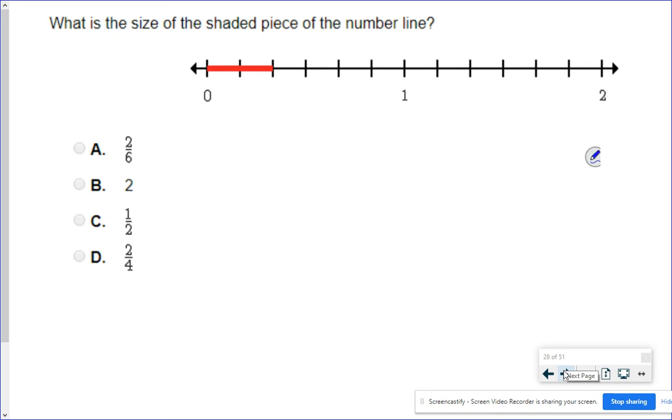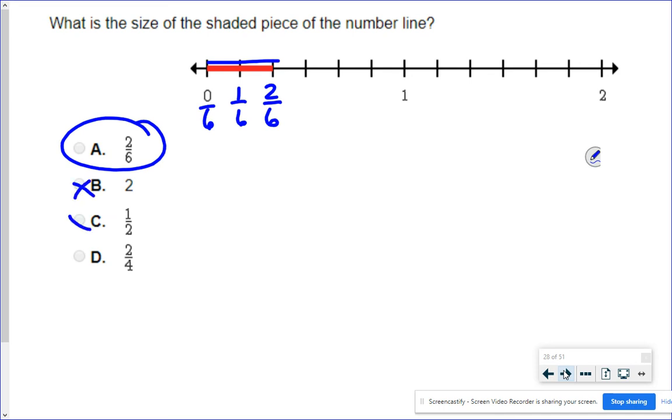So that's what we need to count by. 0/6, 1/6, 2/6. And it's asking, what is the size of that shaded piece? That's right, it's A, 2/6. That's the only one with the 6 as a denominator. These other ones are not correct.